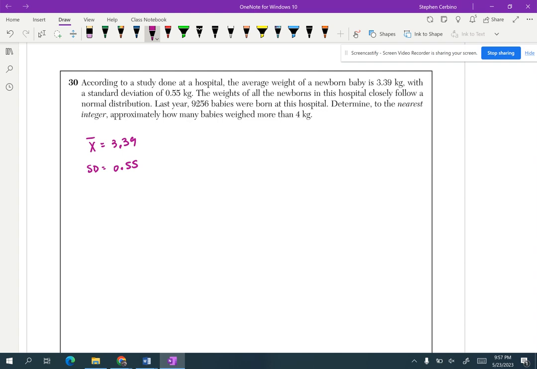It says the weights of a newborn follow closely to a normal distribution. As soon as we see this, we're thinking that bell curve. It says last year, 9,256 babies were born in a hospital. Determine to the nearest integer how many babies were more than 4 kilograms. So we're talking about a bell curve. We're talking about a z-score.